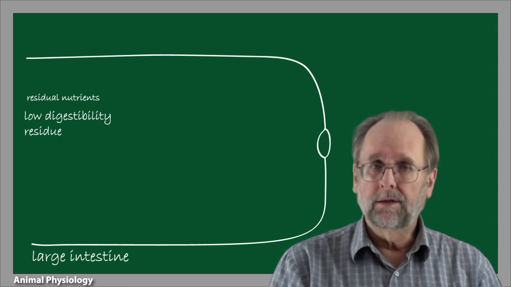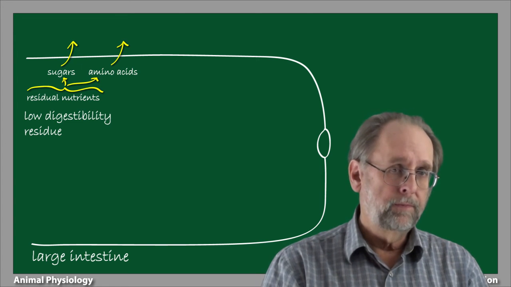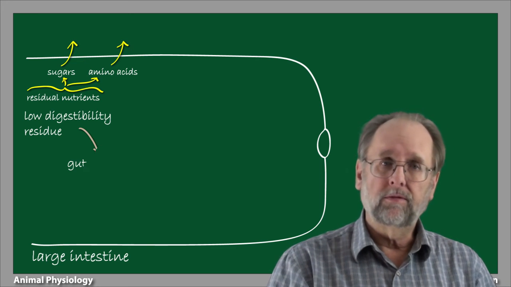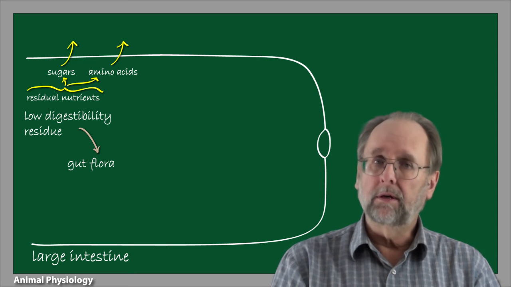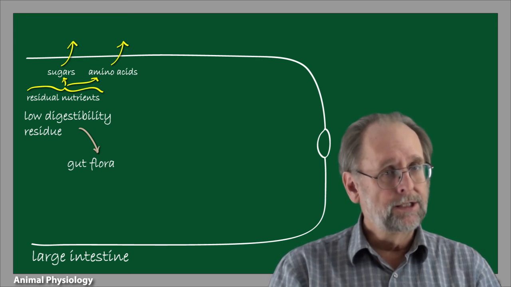Within the large intestine, these residual nutrients are absorbed across the intestinal wall. However, the large intestine has a very rich microbial flora living within it, and these get to work on the low digestibility residue that the stomach and small intestine have failed to digest.